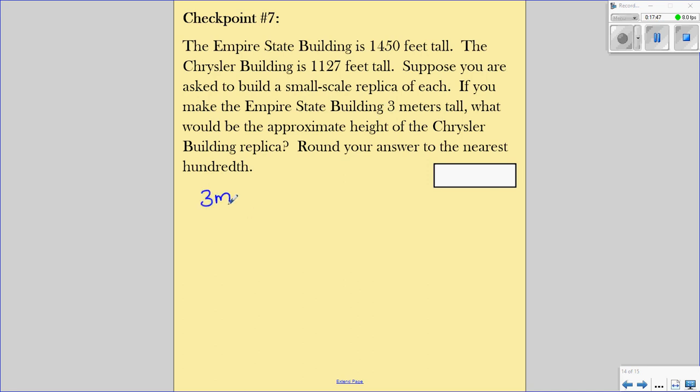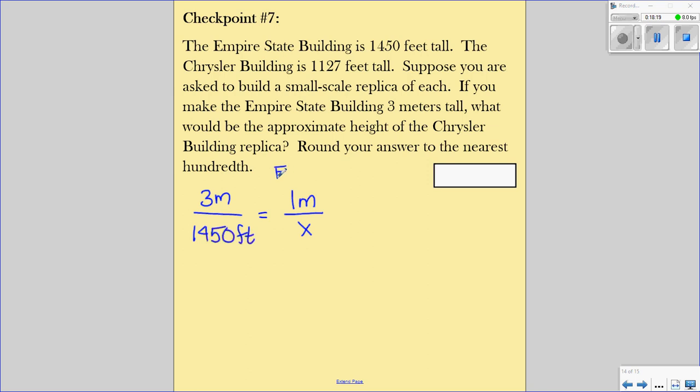So if 3 meters represents the 1450 feet, then you need to find the unit rate in order to use that to create the Chrysler Building replica. For 3 meters that you built for the model of the Empire State Building, it represents the 1450 feet, which is the actual size. So how many feet would it be for just 1 meter?